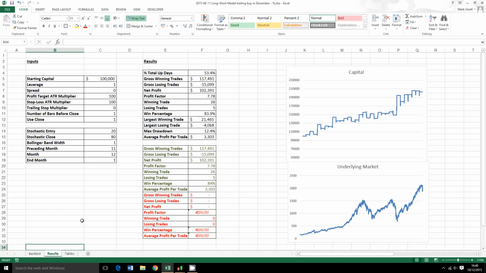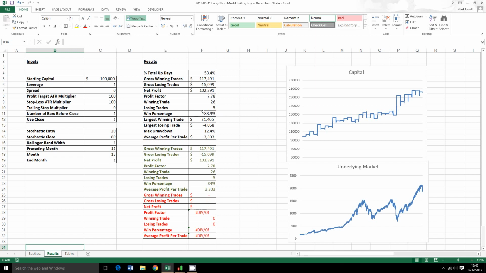Now the first thing that is worth noting is the capital graph shows a pretty good upward slope over this time period. If we look here at the results table, we can see the same sort of thing. 84% win percentage, 84% of Decembers were up months, which is the highest, although I'm not going to show it now.